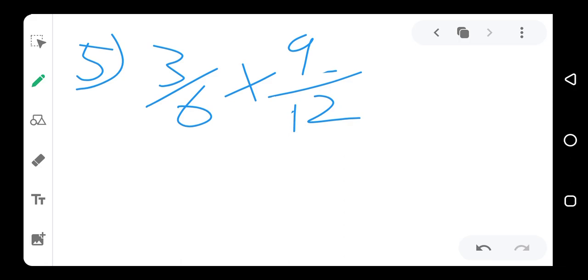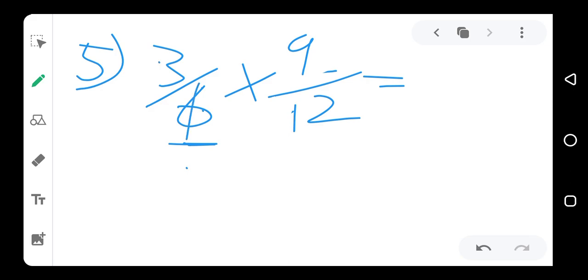Now here, before we start multiplying, we check if there is something that can divide on top and divide below. Let's start with 6. Is there anything that can divide 6 and divide 3?